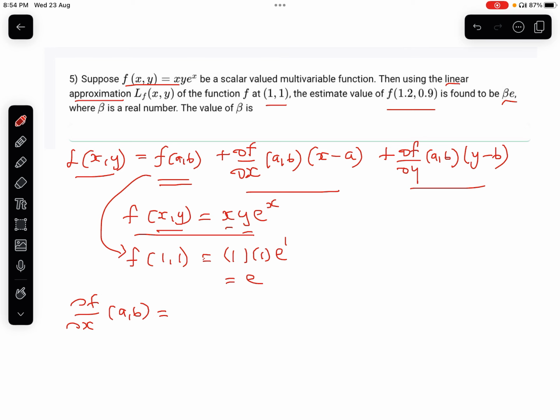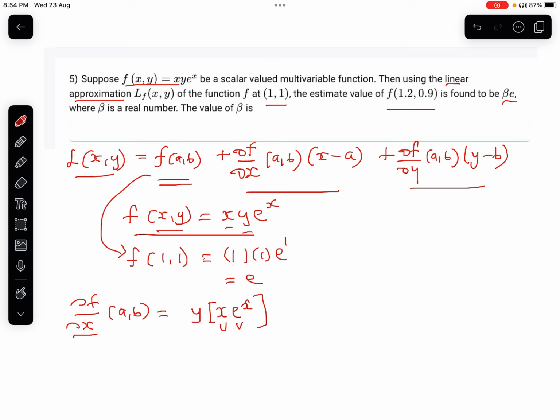Since we are partially differentiating with respect to x, we keep y as constant, and for x and e power x we apply the product rule. Let us take x as u and e power x as v.